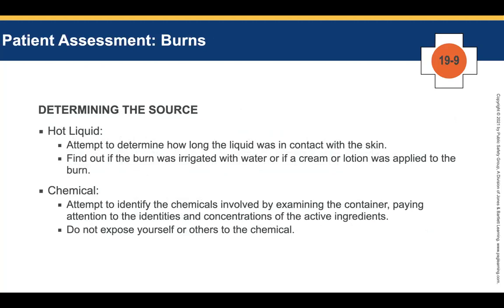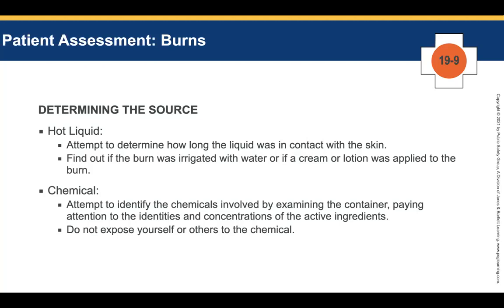Determine the source: hot liquid, chemicals. We talked about that. This is all talking about mechanism of injury again. What caused it? We want to stop the burning. We want to get that hot liquid off the skin. Dry chemicals, you can brush them away, get them off their body. Again, you have to protect yourself.